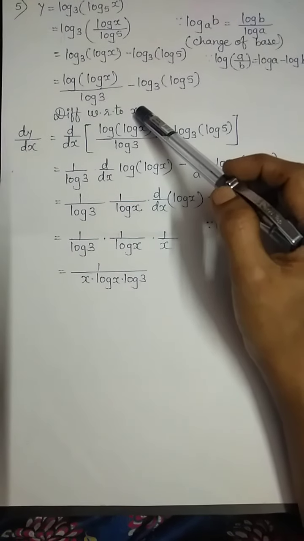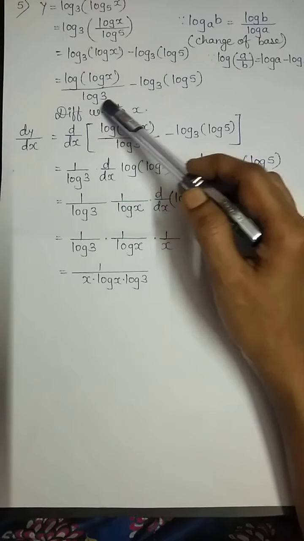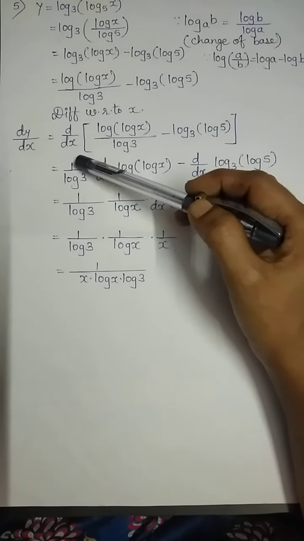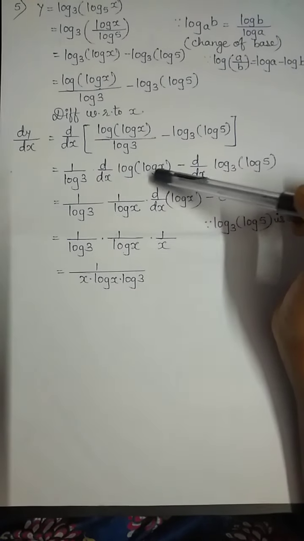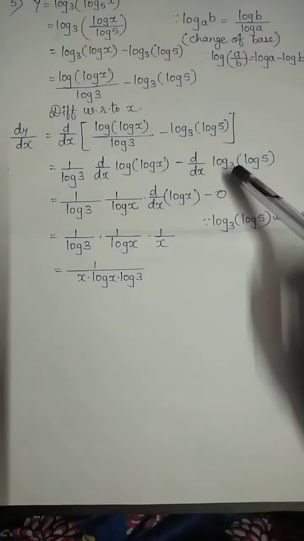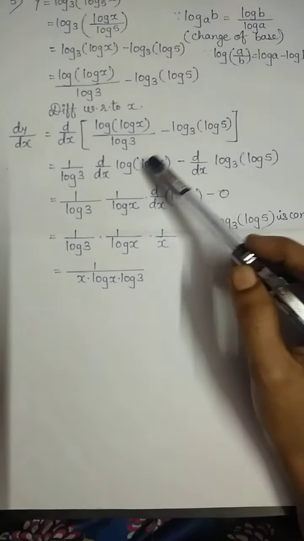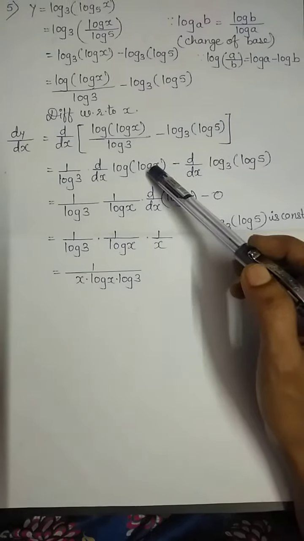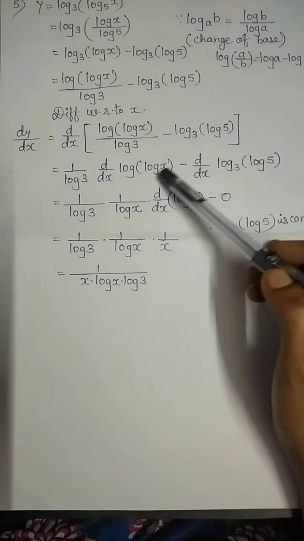So differentiating with respect to x. Now here we know that denominator log 3 is constant. So that we will write outside the derivative, and derivative of log log x and minus derivative of this term. So here 1 upon log 3 as it is. Derivative of log x. Now we will consider this log x which is given in the bracket as x.